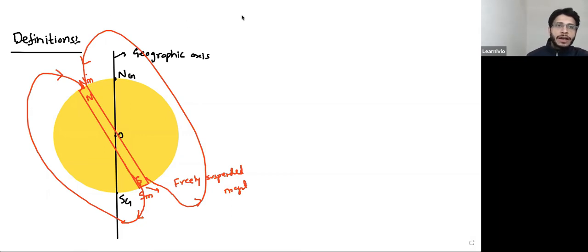Then we can take one axis, an axis which is passing through the magnetic north and magnetic south of the earth. This axis is known as the magnetic axis.